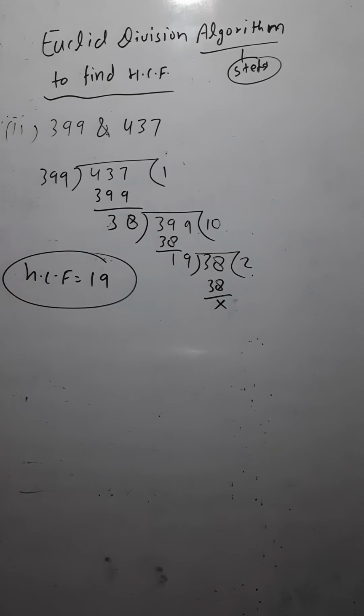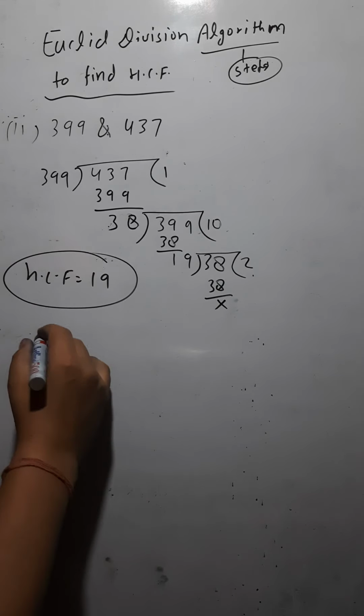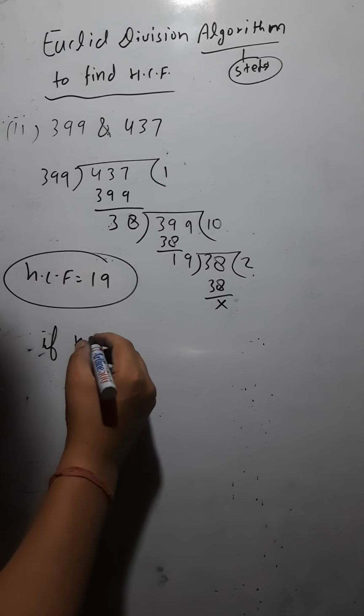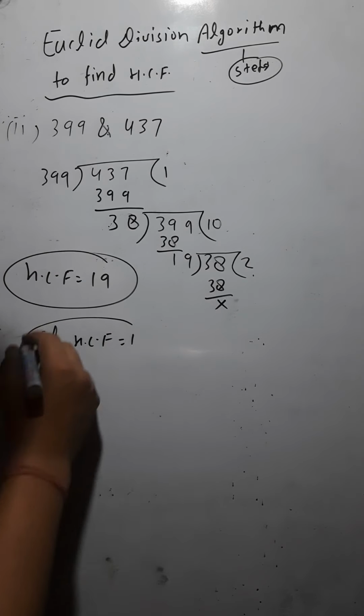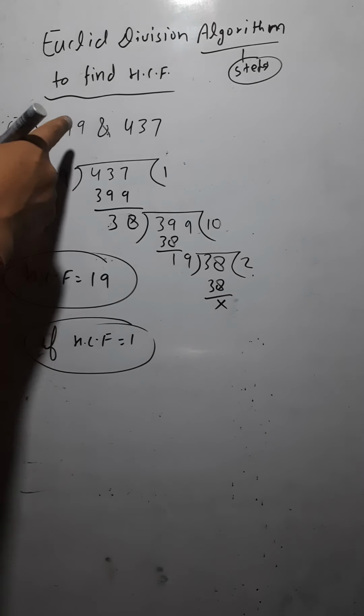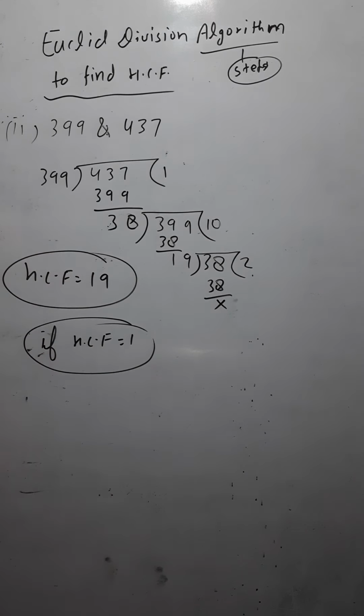Now let me tell you one more thing. Remember this, you would be getting this sort of questions ahead. If you have two numbers and their HCF is 1, then you would say that the given numbers are co-prime numbers, because they have only 1 as the common factor.